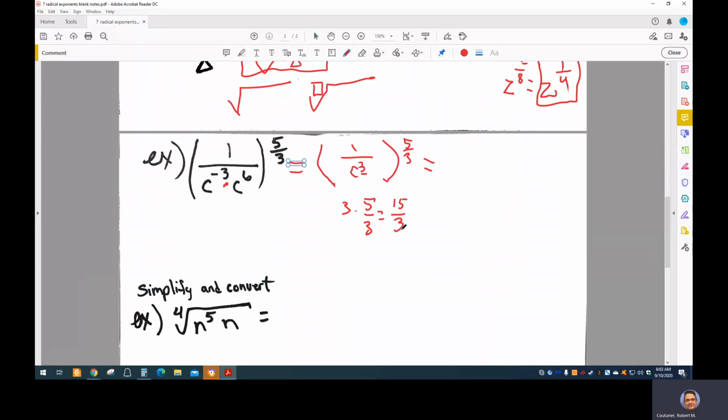What is 15/3? I'm doing side work here, because I'm multiplying these two together. So 15 divided by 3 is 5. 3 goes into 3 once, 3 goes into 15 5 times. So I end up with 1 over c to the 5th power.